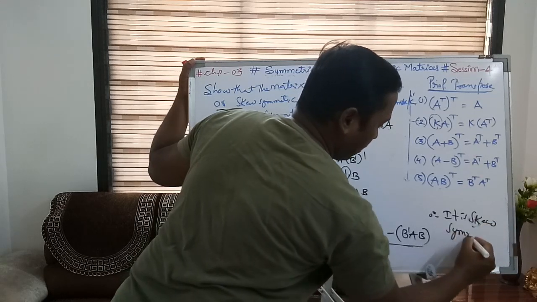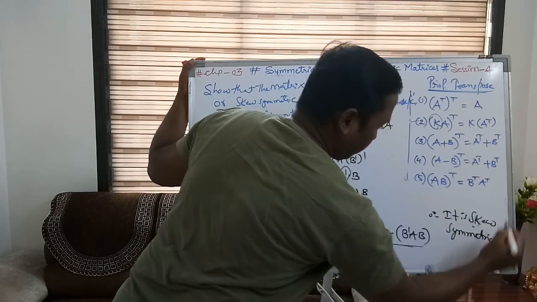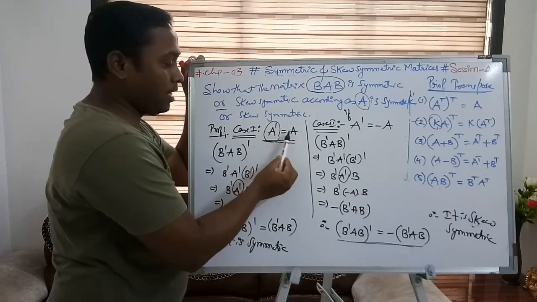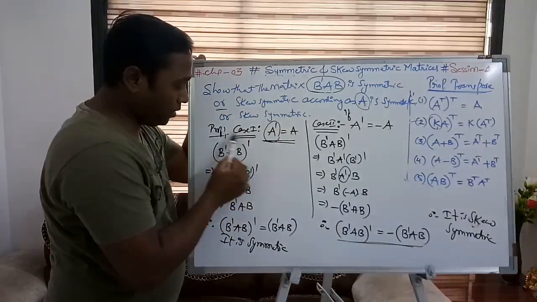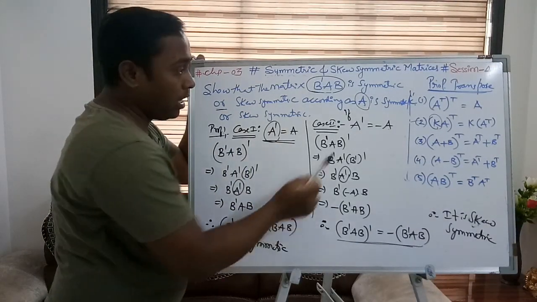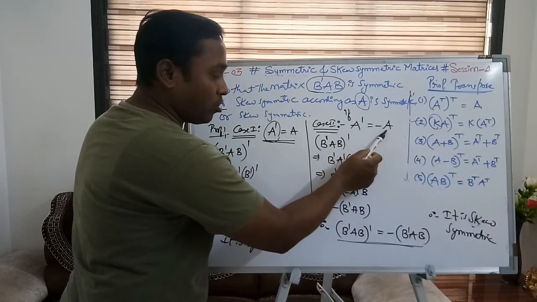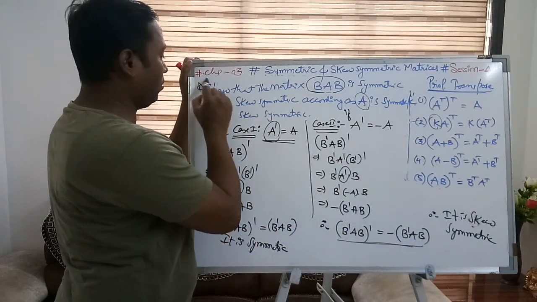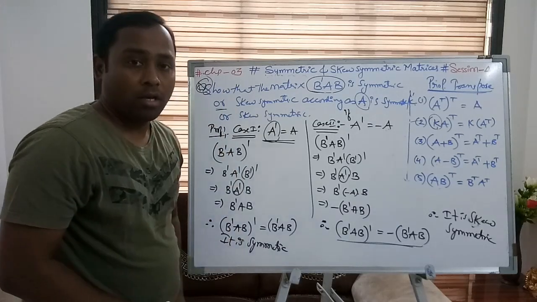It follows the definition of skew symmetric, therefore we can say here, skew symmetric. It shows that if a matrix A is symmetric, then this operation is symmetric. If A is skew symmetric, then this operation is skew symmetric. This is the question they asked.